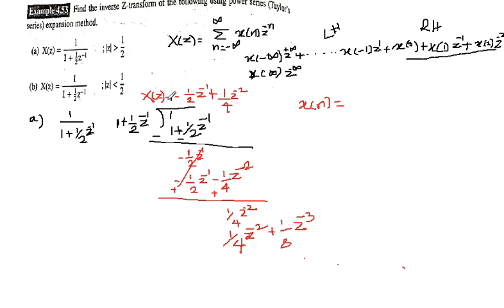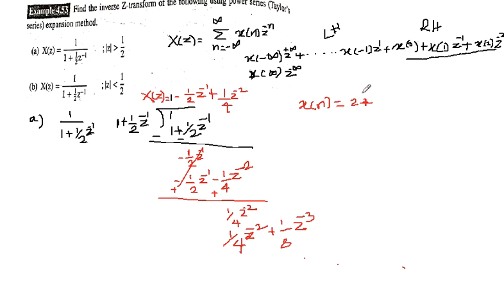If x of z is equal to this, then x of n is, first, x of 0's value, which is 1. So x of 0 is 1. So let's put these values in this fashion.